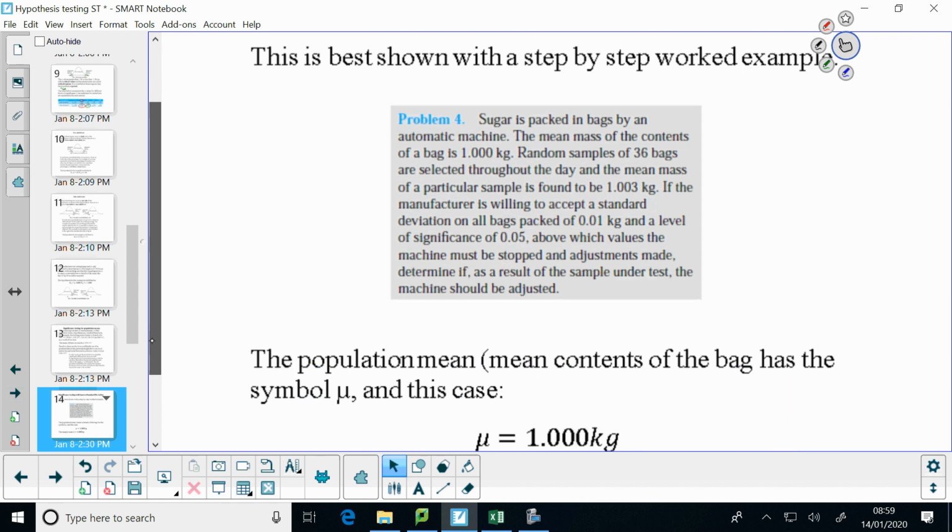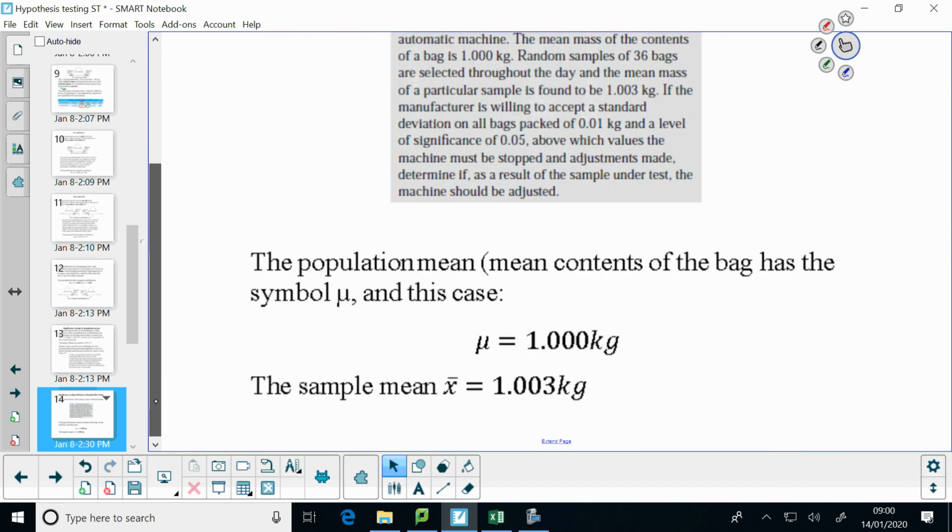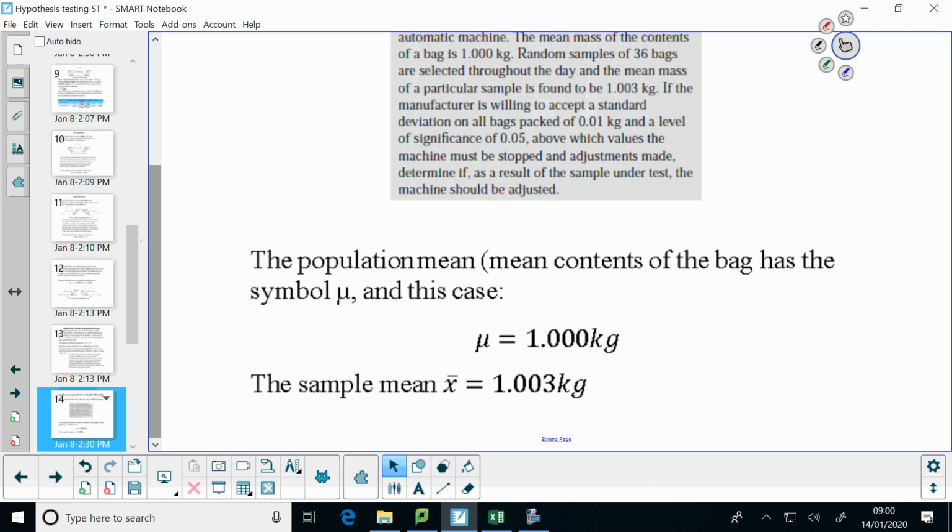The population mean, the mean of the contents of the bag, has the symbol mu in this case. That's what you'd want the mean to be, 1 kilogram. All right? The sample mean, x bar, is 1.003 kilograms. That's from the question.